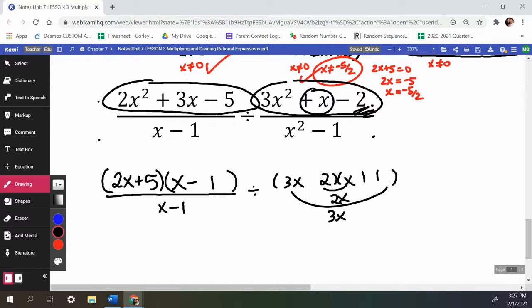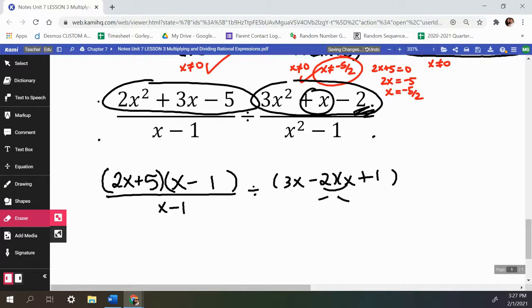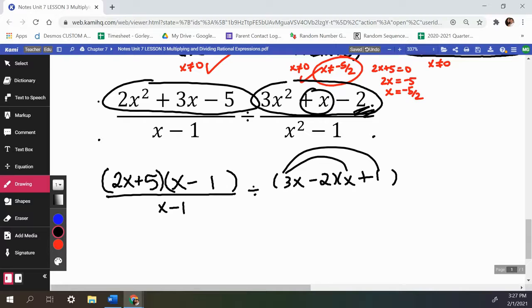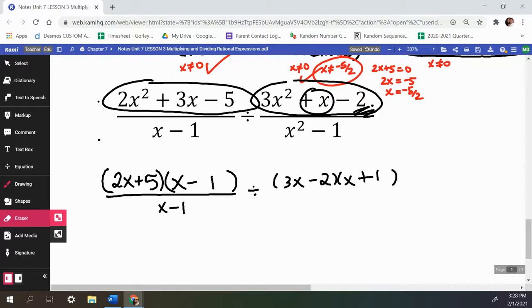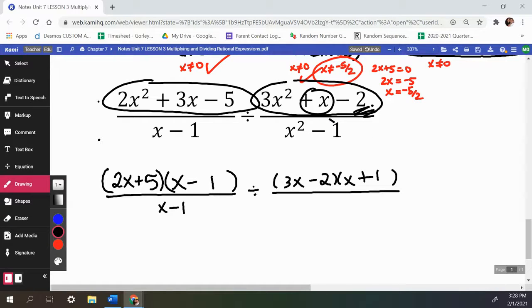It would have to be a positive 3x on the outside and a negative 2x on the inside. Okay, so that I think works. First times first is 3x squared. My outer is 3x, my inner is -2x. So that does sum to x. And then last times last is -2. That looks good.